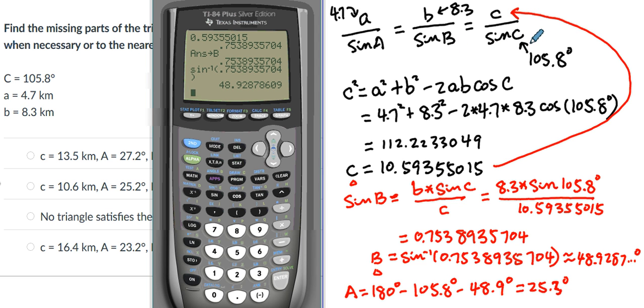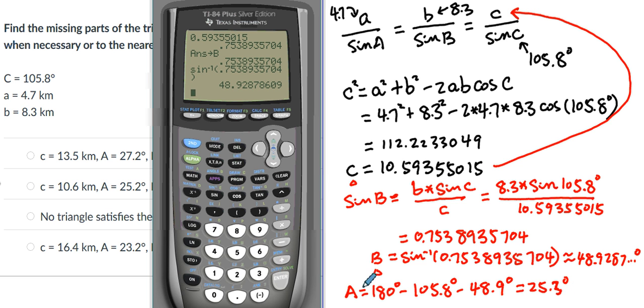We have angle B. We know angle C, so A would be 180 minus angle B and angle C. So 180 minus angle C, 105.8, and angle B, 48.9. We get 25.3.